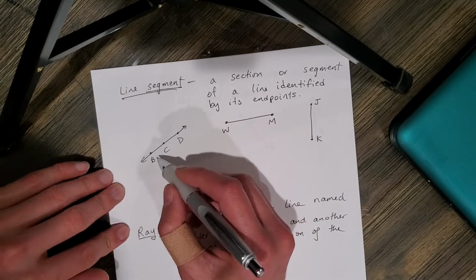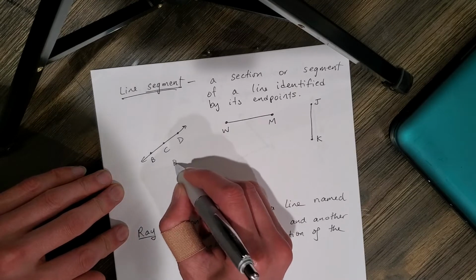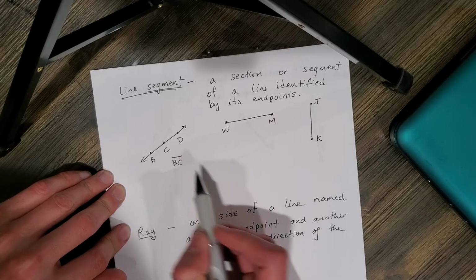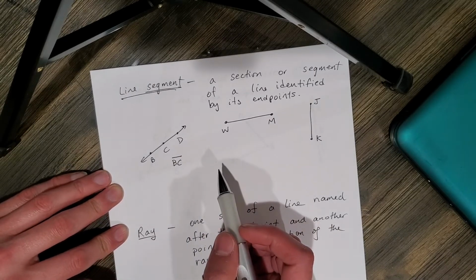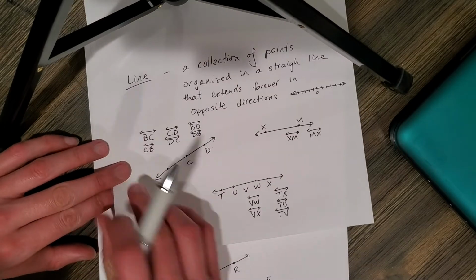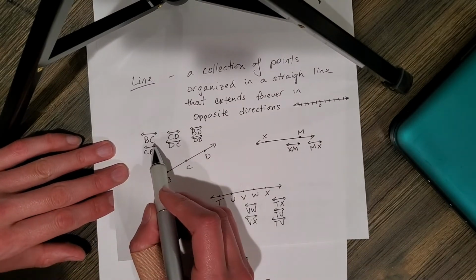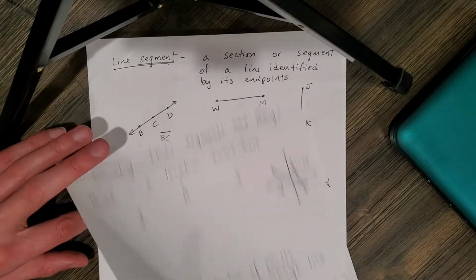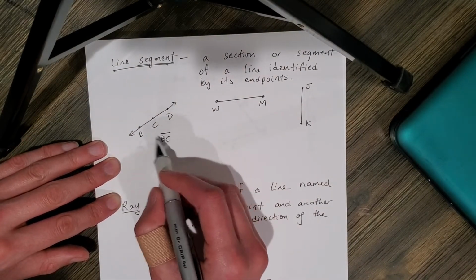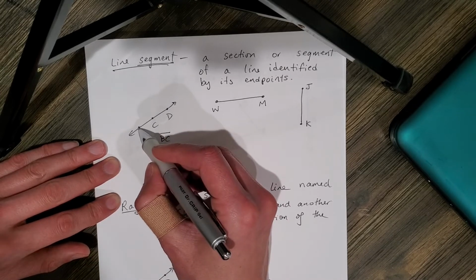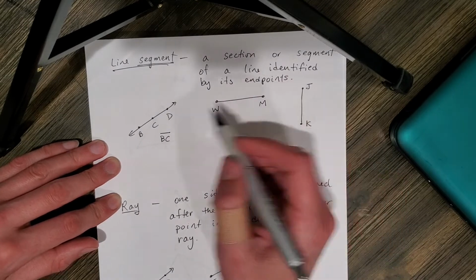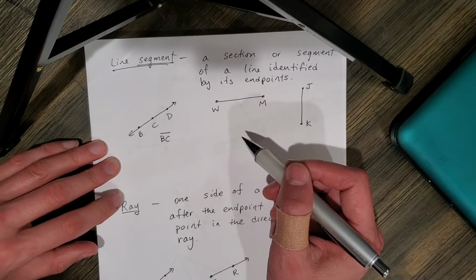However, I can still say BC is a line segment as long as I draw a little line segment above it. Remember in the last example, that's BC, the line, but in this example, even though I have the same picture here, this is BC, the line segment. That means I'm only talking about from here to there. It's a piece or a section of a line, okay?